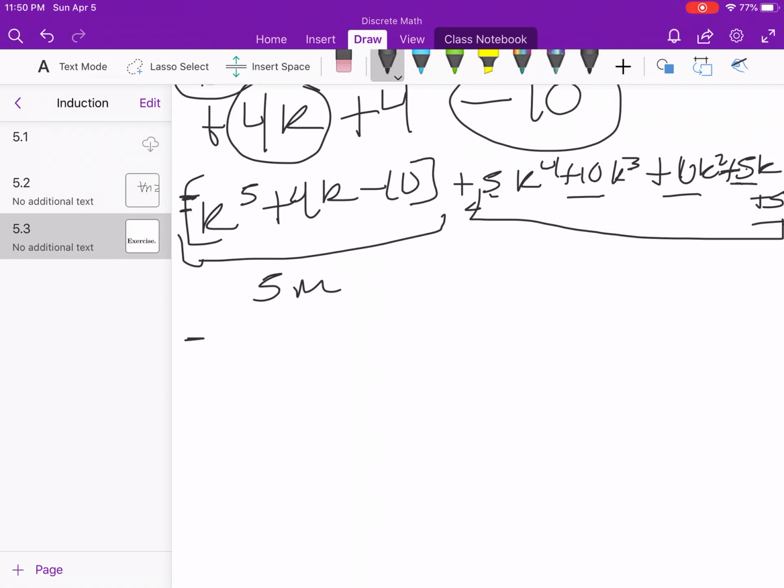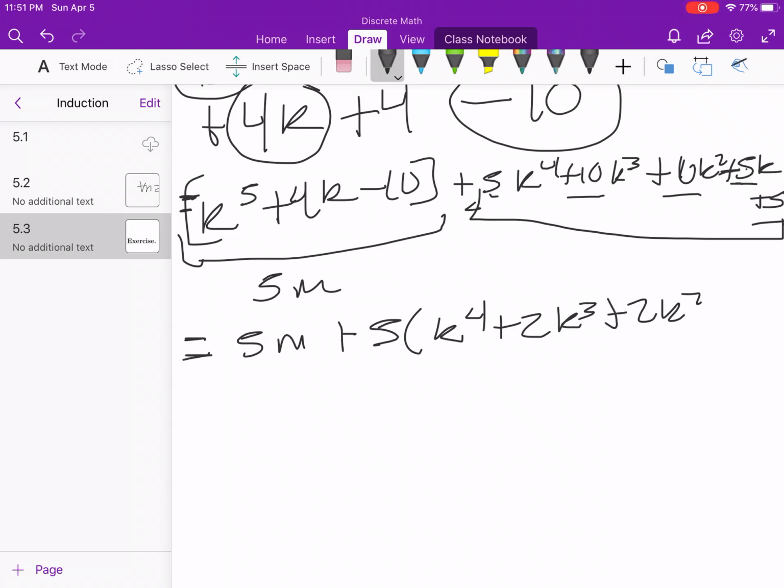Notice that this is equal to 5m plus, I can pull a 5 out, and I've got 5 times k to the 4th plus 2k cubed plus 2k squared plus k plus 1.